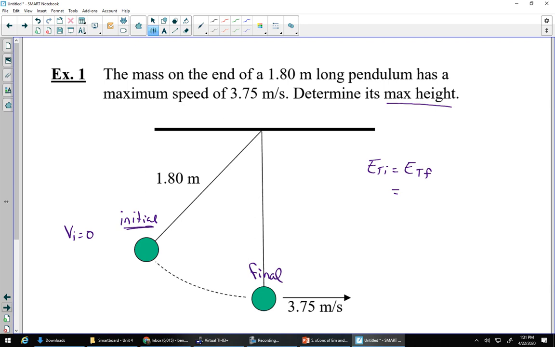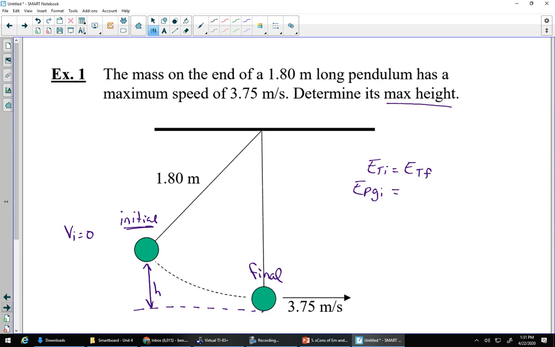No speed means no kinetic energy. So what do we have at the maximum height? Well, if we've got height, we've got gravitational potential energy. So initially, I'm going to say EPGi, and that's all we've got. There are no springs involved with this whatsoever, so why would we include springs?